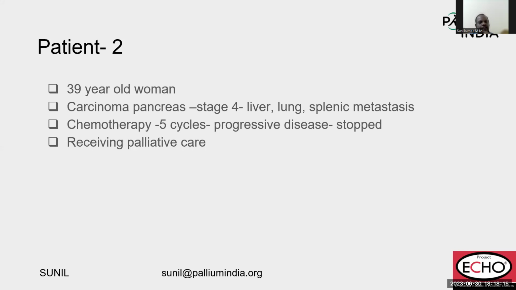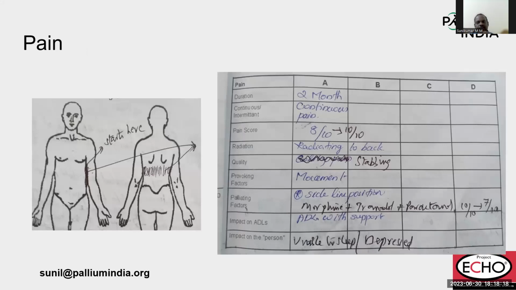Her main problem was pain. You can see the pain description. It starts on the left lateral chest and abdomen, which goes on to the back. Mostly the pain is 10 by 10, which reduces to 8 by 10 when she takes morphine, tramadol, and paracetamol.